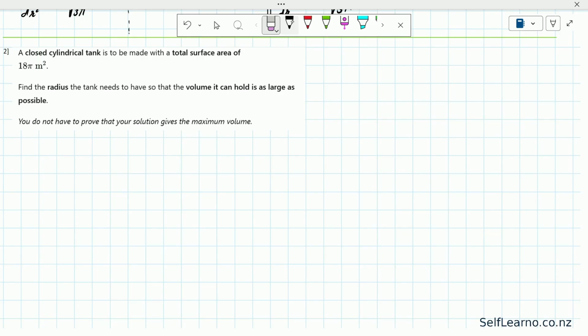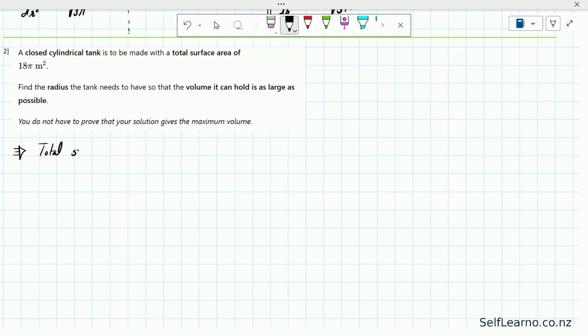But I want to explain, I want to fix the method of optimization in your brain. So let me do it. A closed cylindrical tank has the total surface area of 18 pi.